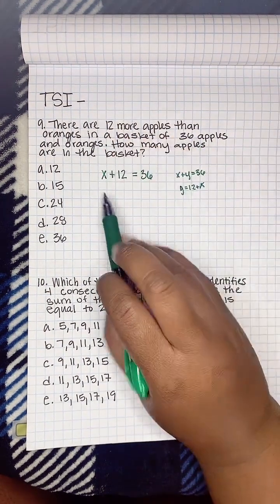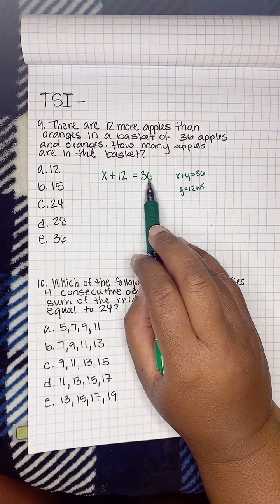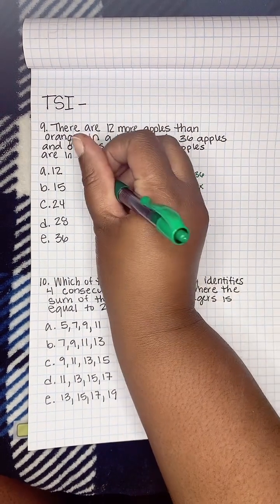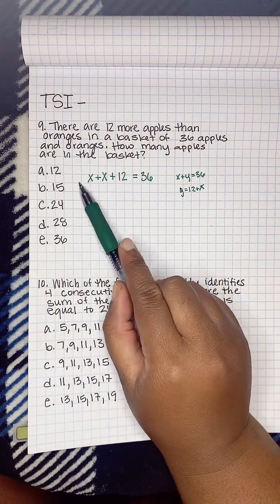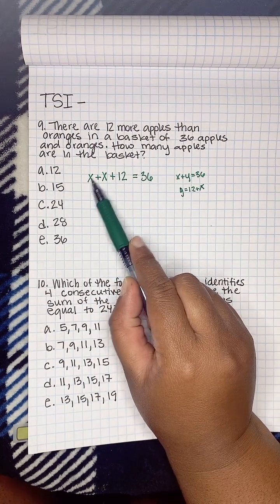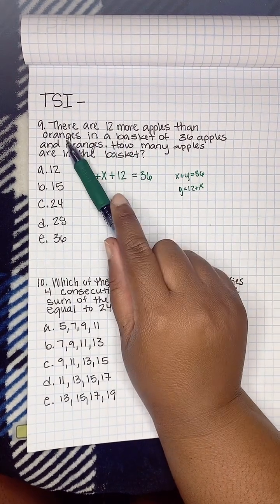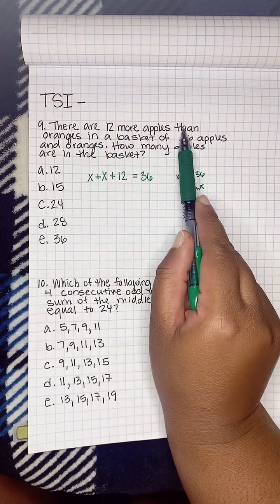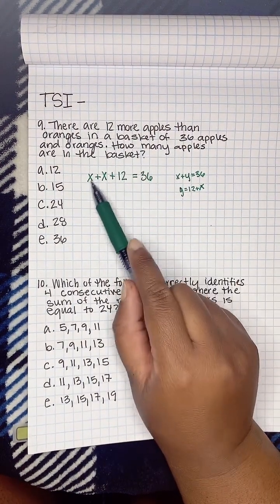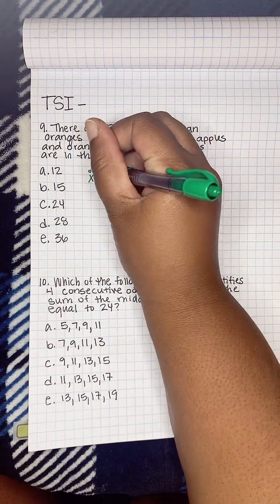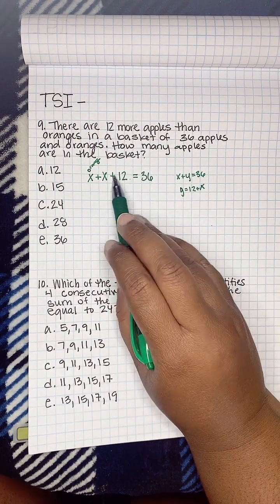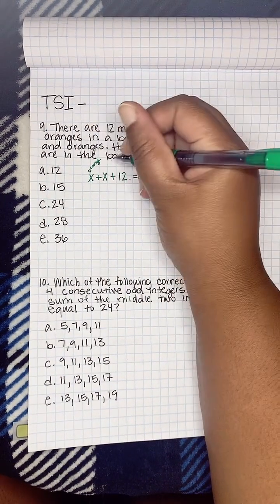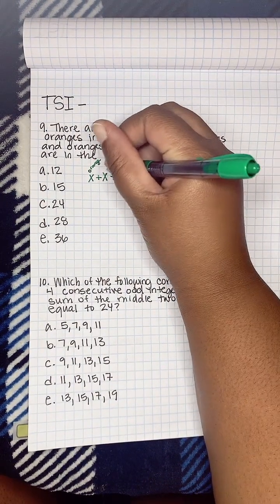Yeah, so we would have to do X plus 12 equals 36, and then I would have to add another X, okay? Because I have just apples, then I have oranges. Well, there are 12 more apples than oranges. So here's my oranges, and then I have 12 more apples than oranges.